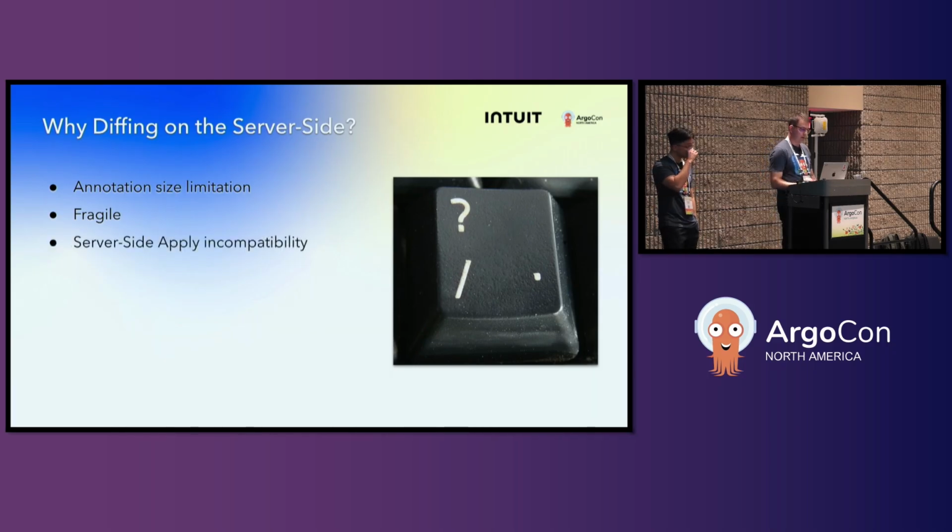And the next one is server-side apply incompatibility. So it has some level of incompatibility when you sync with server-side apply. And why is that? Again, back to that annotation, server-side apply is something that happens on the server side.